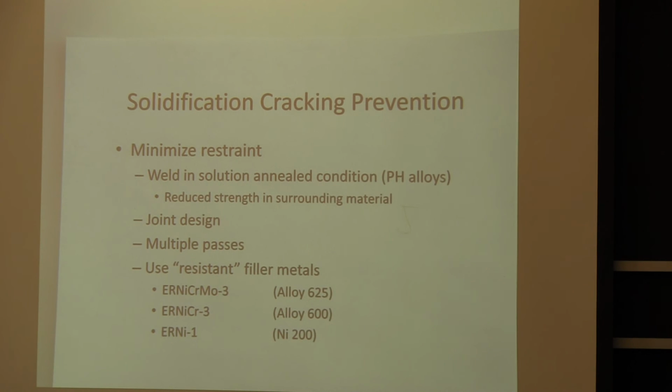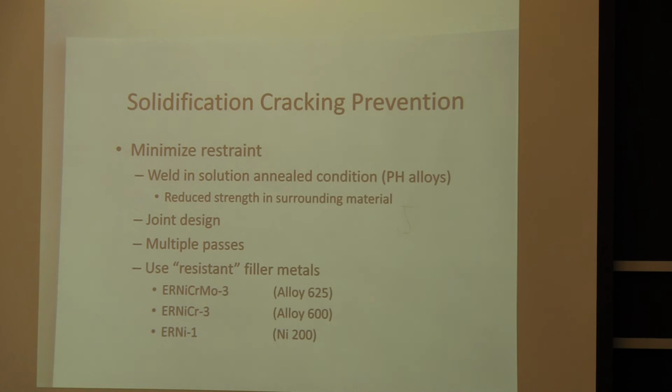So we want to minimize that restraint as much as possible, and there are various ways to do that. One is to weld in a solution annealed condition, which means that everything has been heated up and dissolved, so all the precipitates and everything are in a big solution annealed condition.